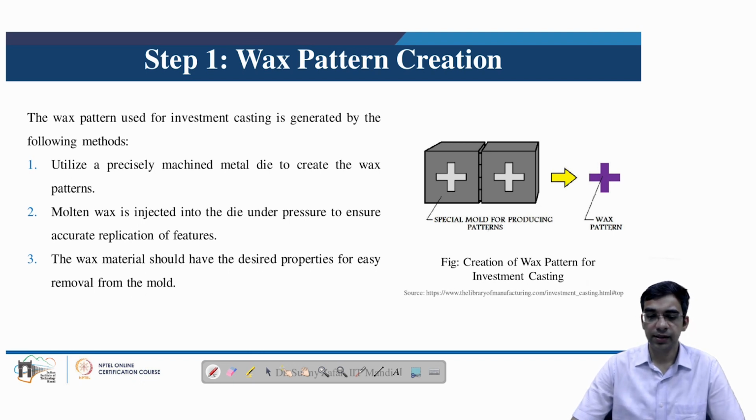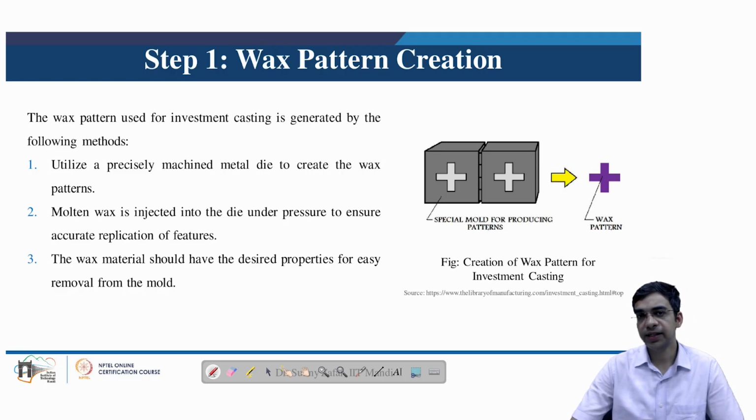The molten wax is then injected into the die under pressure to ensure accurate replication of various features. What I mean by this is, in case there are some internal features which need to be replicated on the wax pattern, if the wax is not injected at proper pressure, it will not completely fill those cavities, and subsequently those shapes will not be replicated on the pattern.